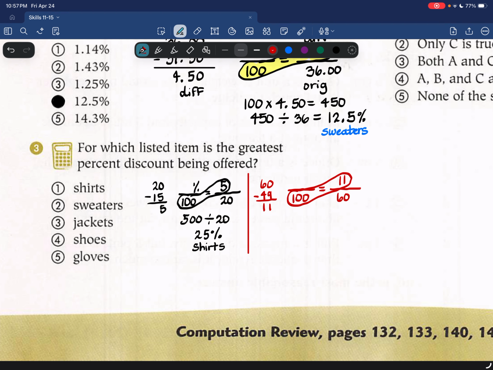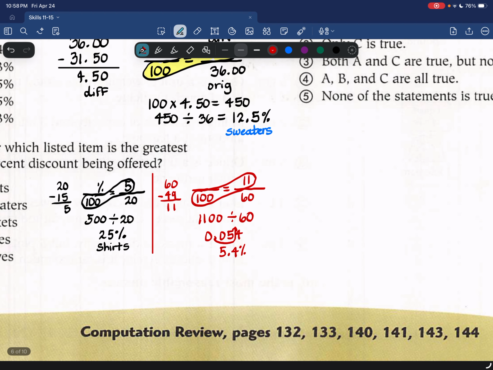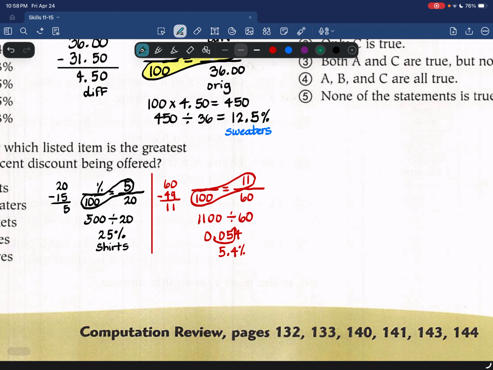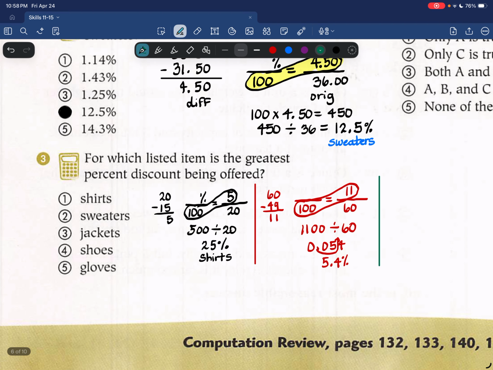That's 1100 divided by 60. That is about 0.183, so about 18.3%. That one was not a very big savings. Shirts so far is the biggest savings. But let's look at what comes next.